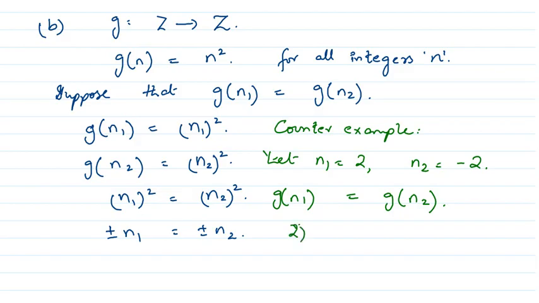This is going to be 4, and the square of minus 2 is also 4, right? And definitely both are the same, that is, the value of g of n1 is equal to g of n2.